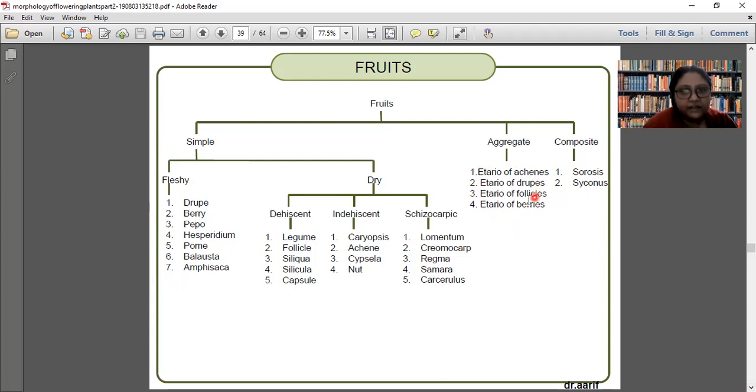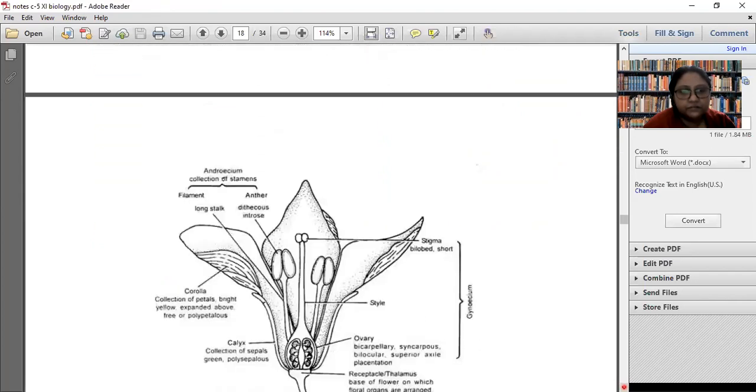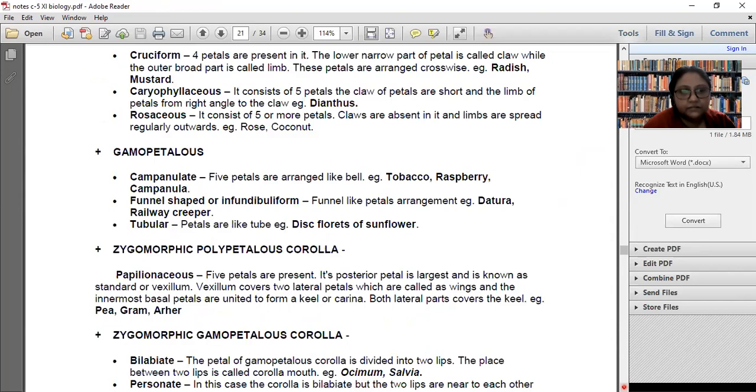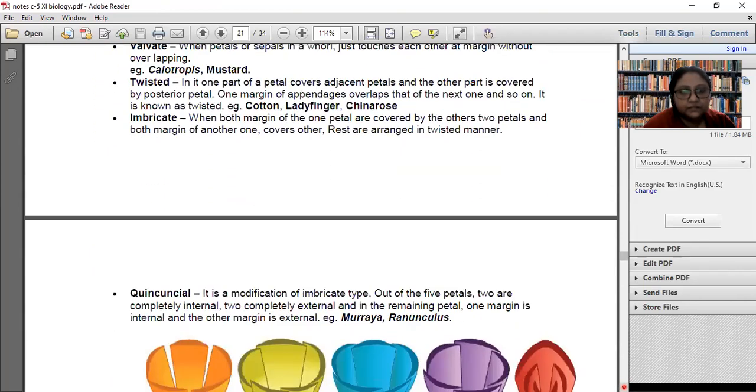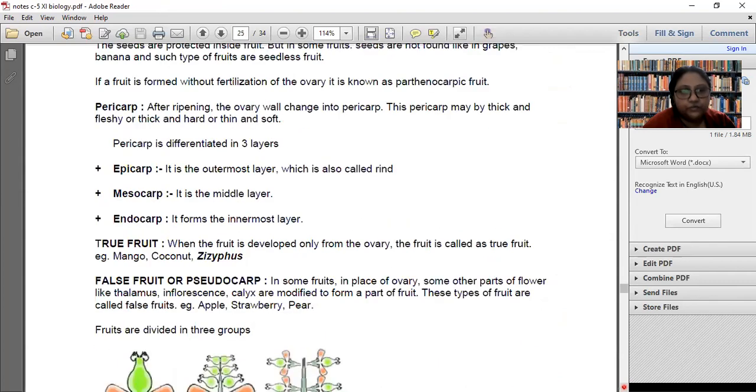In the aggregate type of fruit, an example is grapes. You can see the aggregate type of fruit in the case of grapes. So that is all about fruits, beta.